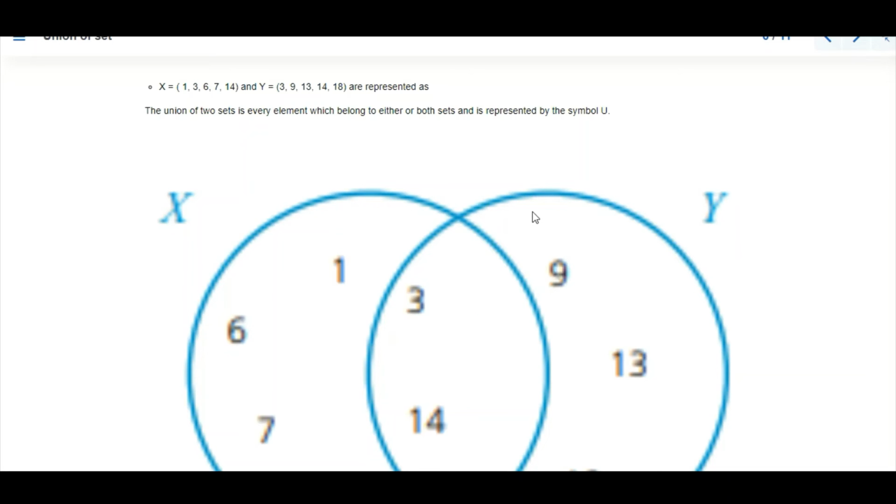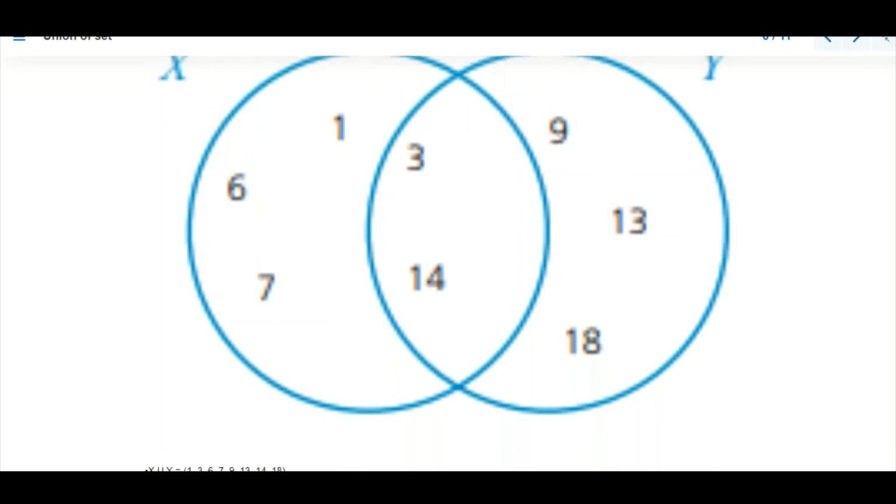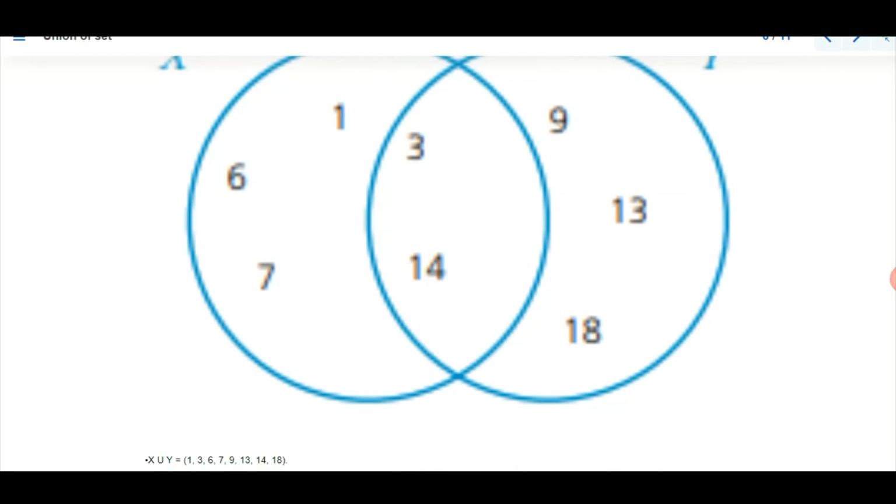If we want to bring these together, we can say we have X union Y. By the time we write X union Y, that can serve as another set. You can name it set Z or set A and the like. So we are bringing X and Y together.